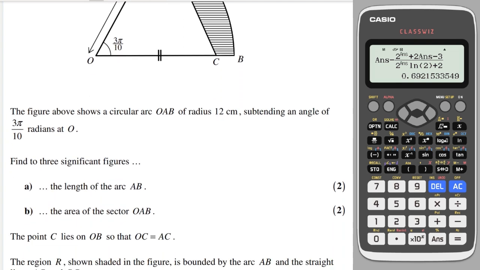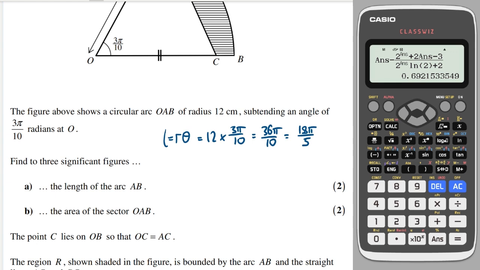Okay, so the arc length is equal to r theta, which in this case is equal to 12 multiplied by 3 pi over 10. So that's the same as 36 pi over 10, which is 18 pi over 5.